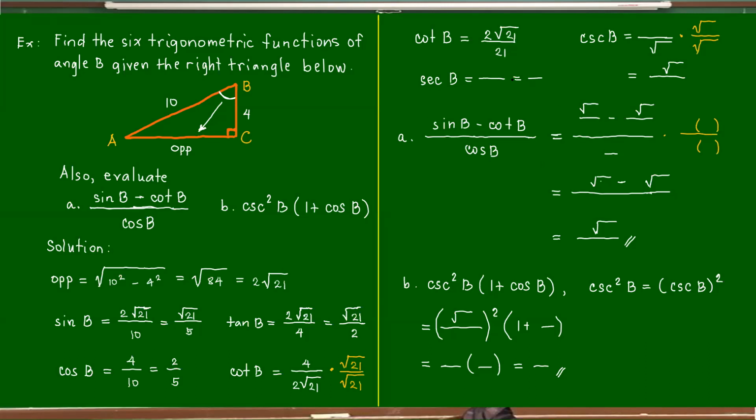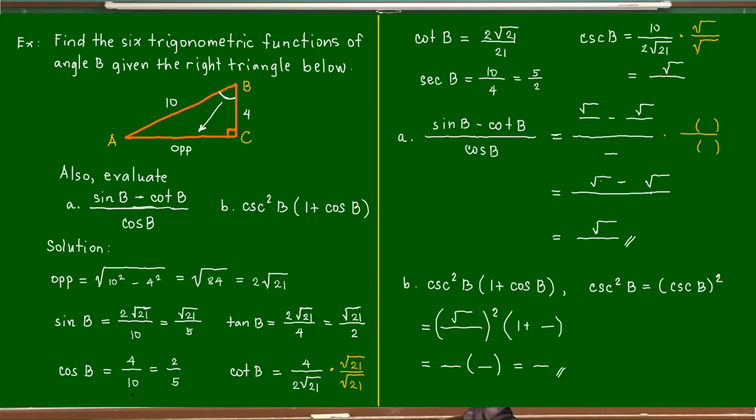What about secant B? Secant B is hypotenuse, so that is 10 over adjacent to angle B, which is 4. Simplifying, that is 5 over 2, which is actually just the reciprocal of cosine B. Then last, cosecant B, that is hypotenuse over opposite, square root of 21.